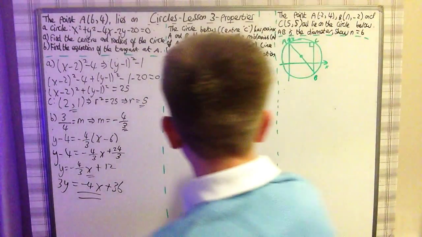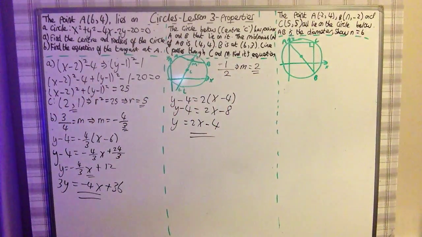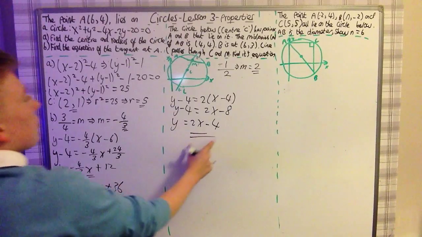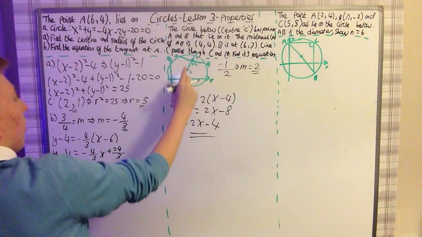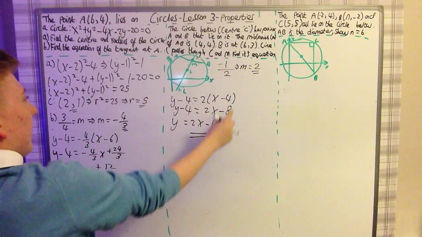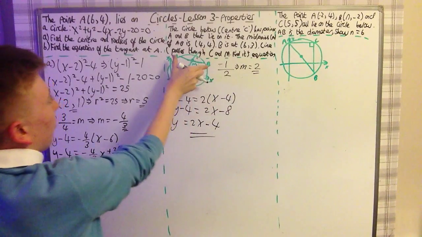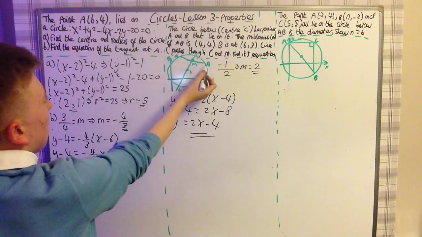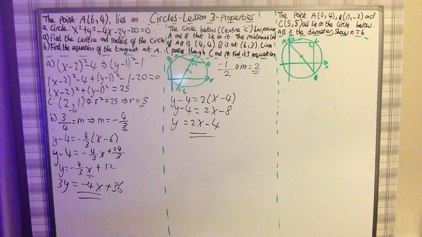So y equals 2x minus 4 is the equation of L. So that's all we're doing. We're using the equation y minus y1 equals m times x minus x1, and substituting in the point M, because that goes through L, and we have the gradient by taking the negative reciprocal of the gradient of the line MB, or AB, which is perpendicular.